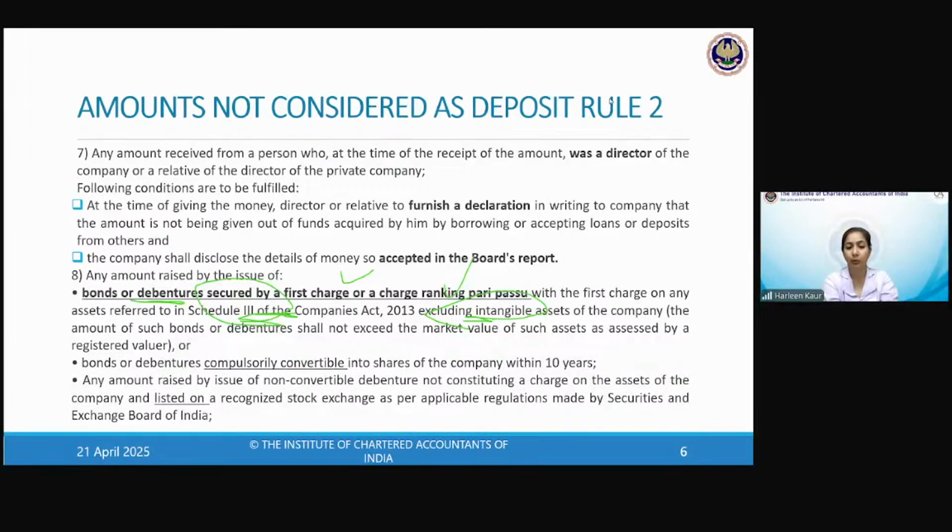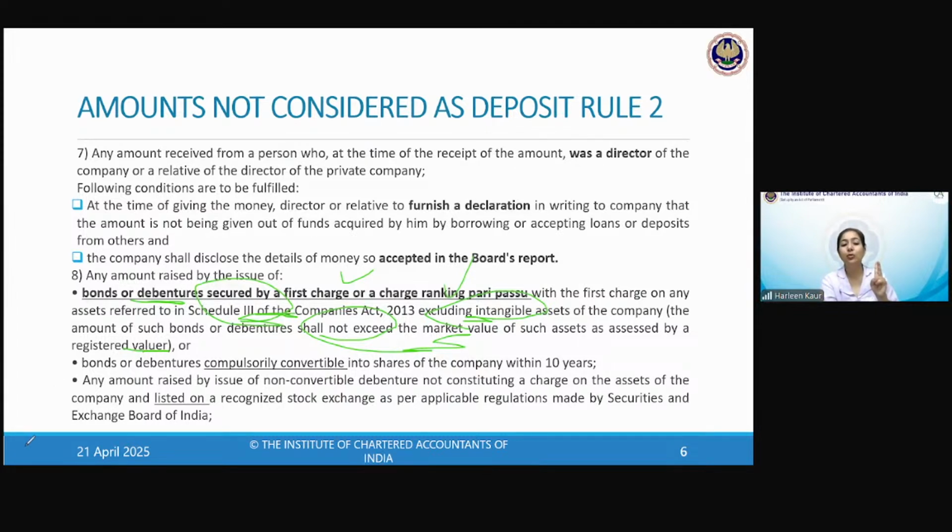Intangible assets are not included, and the amount of such bonds and debentures shall not exceed the market value of such assets, meaning the valuation has to be done by the registered valuer. So that point is satisfied. If this point is satisfied, then the amount that you have received is not a deposit.